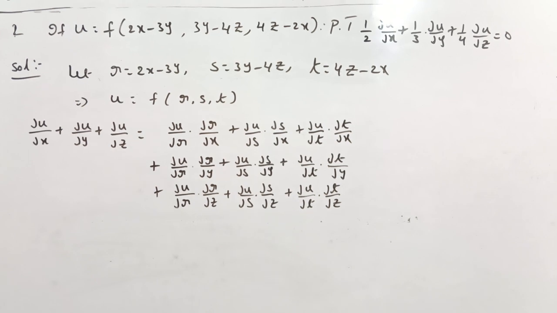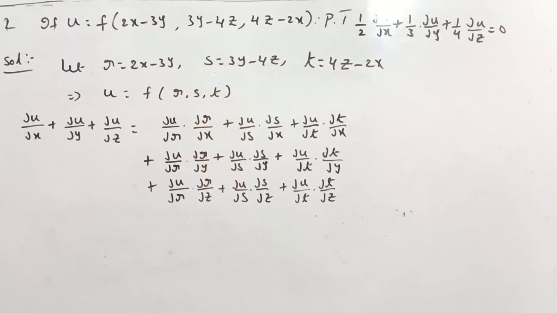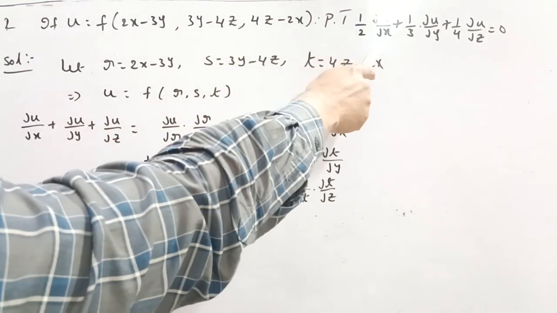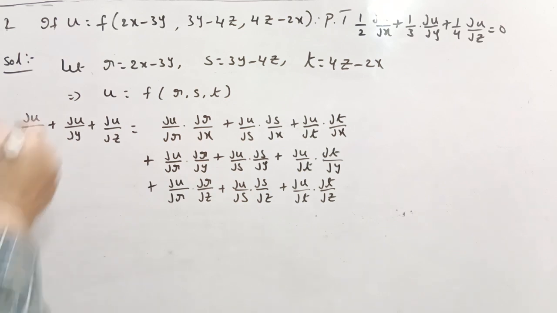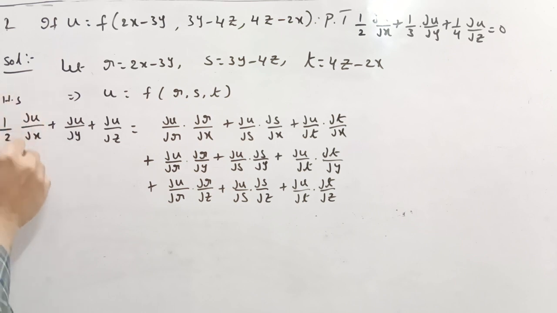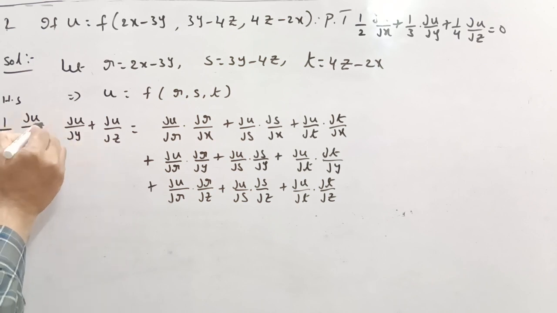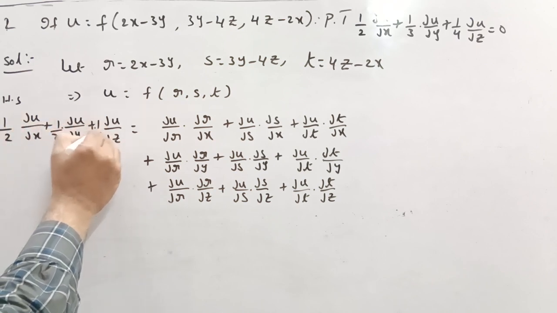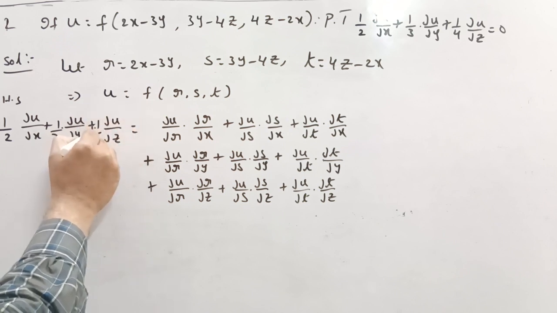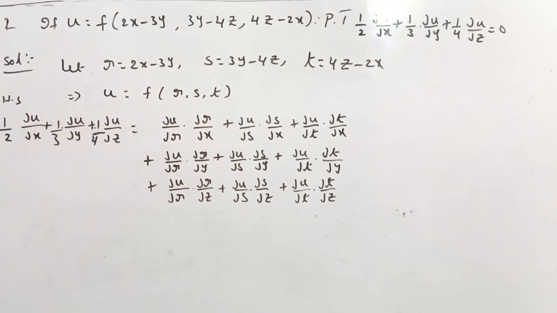Now r, s and t. So what we need: 1/2 ∂u/∂x, 1/3 ∂u/∂y, 1/4 ∂u/∂z, correct? So multiply here. What is asking here? LHS: 1/2 ∂u/∂x plus 1/3 ∂u/∂y plus 1/4 ∂u/∂z. We have to find the value.